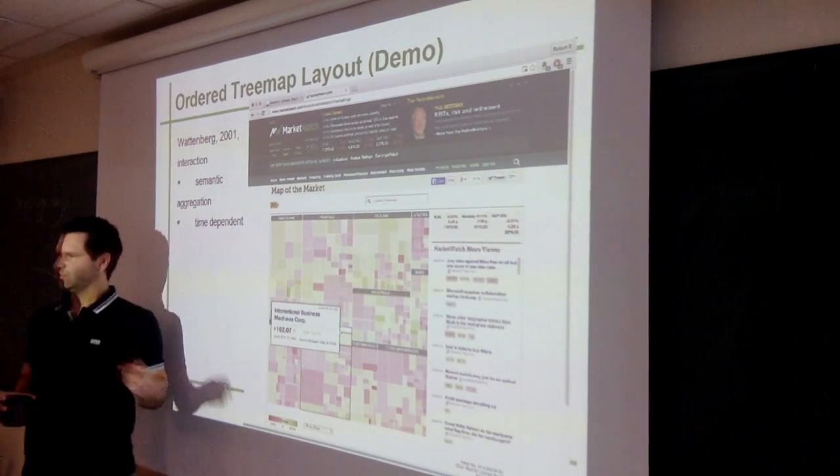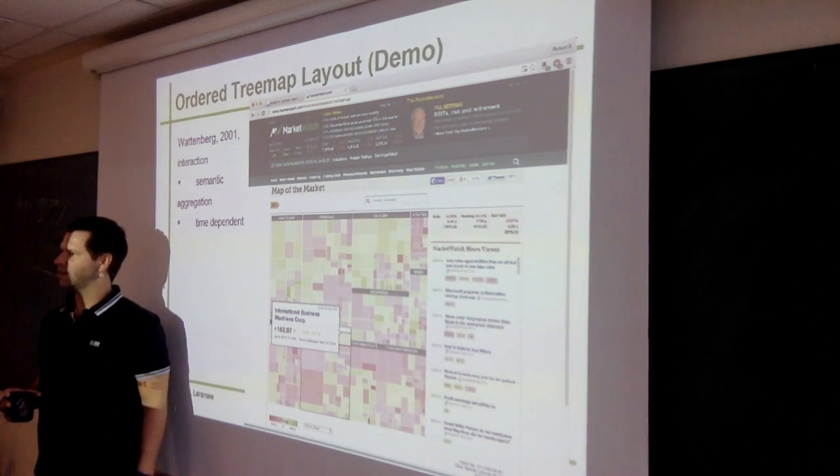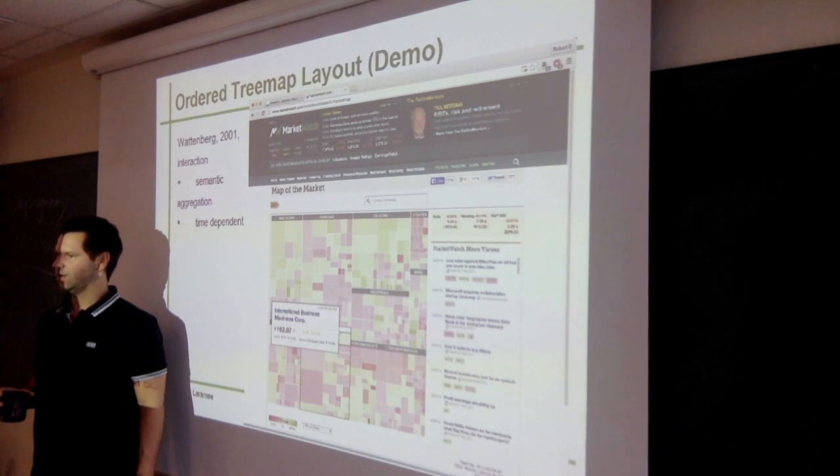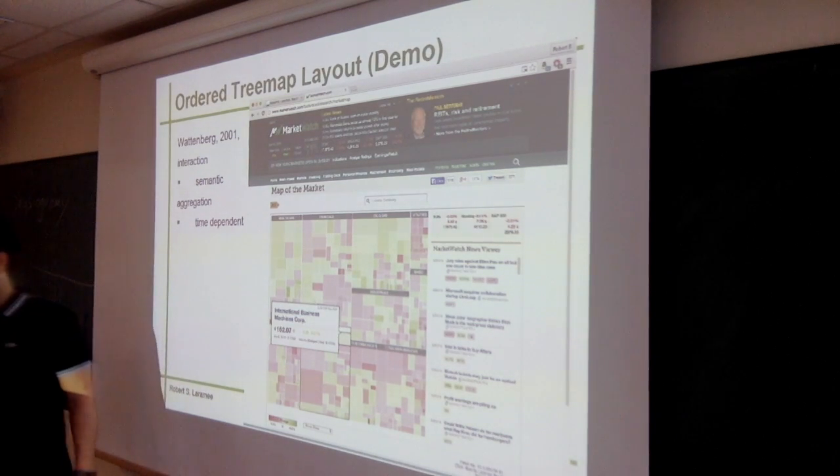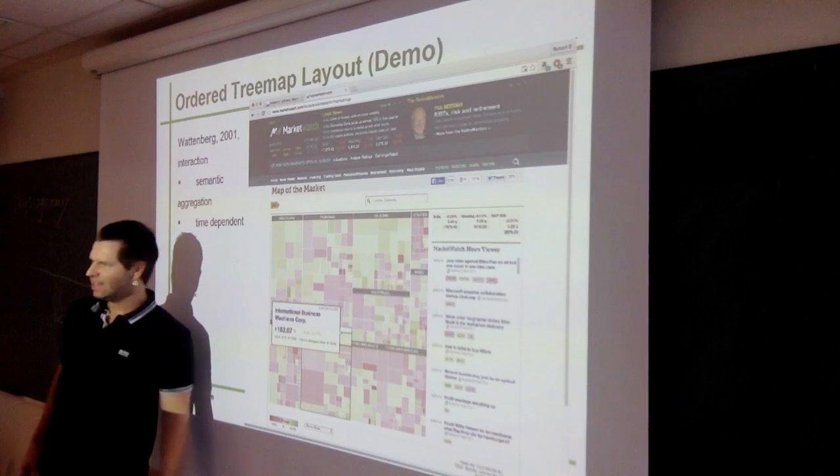Does anybody know the traditional way of visualizing stock market activity? Line plots? Yes, line graph. Any other ones? Reese? A textual list with colours indicating increases and decreases.